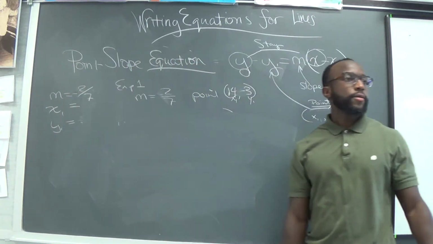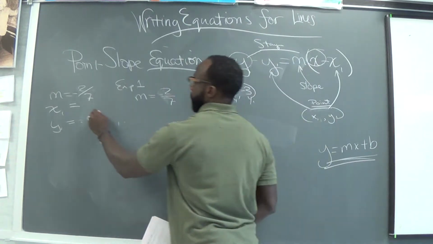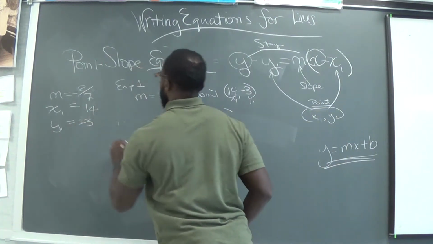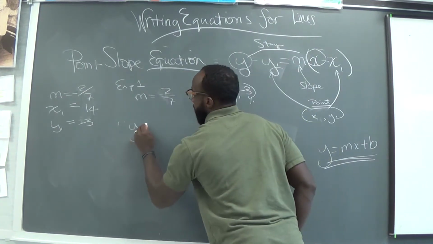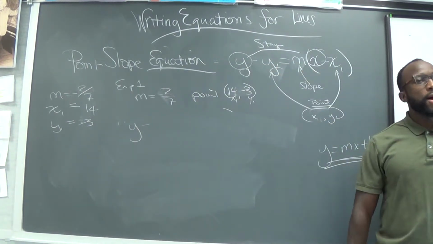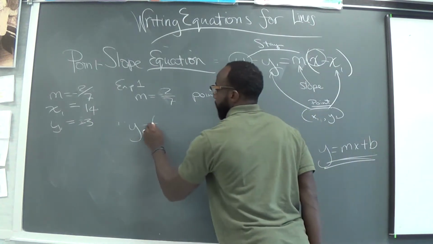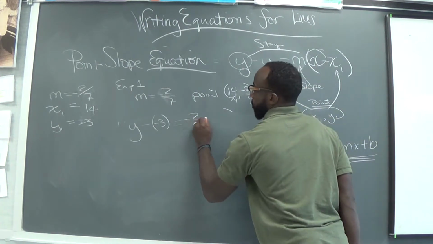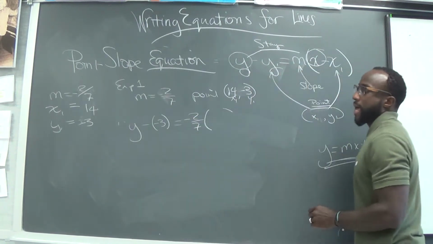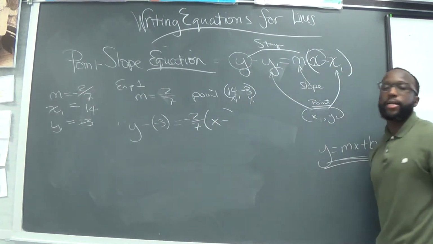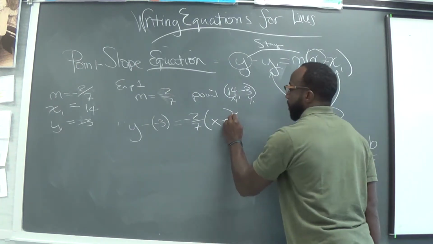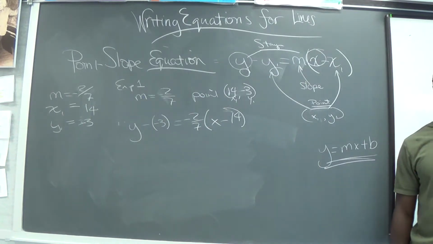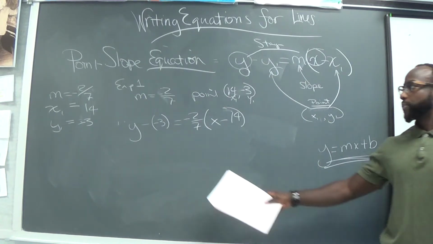What's x1? Negative 14. And what's y1? Negative 3. All right, let's substitute that into the equation. y minus y1, y minus negative 3, equals m, negative 2 over 7, times x minus x1, negative 14. Good. Does everybody see that? Cool. It's point-slope.